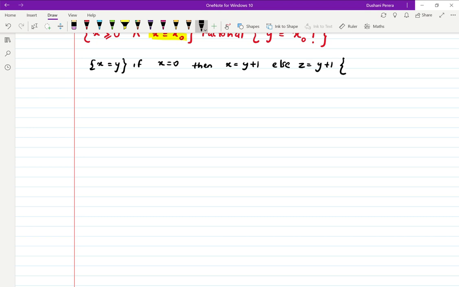And the postcondition is x equals y plus 1 or z equals y plus 1.